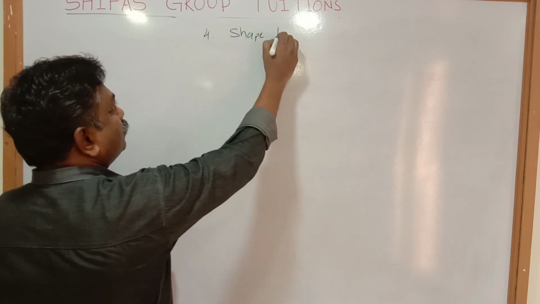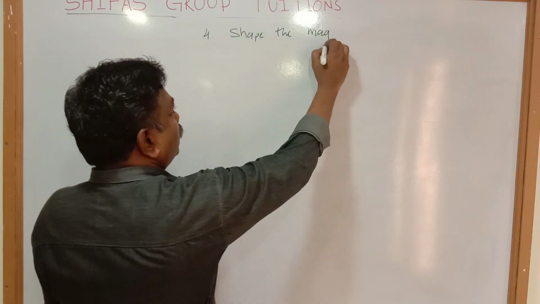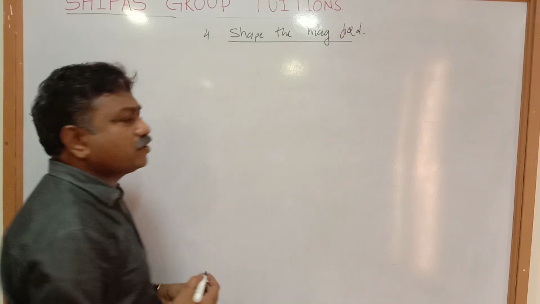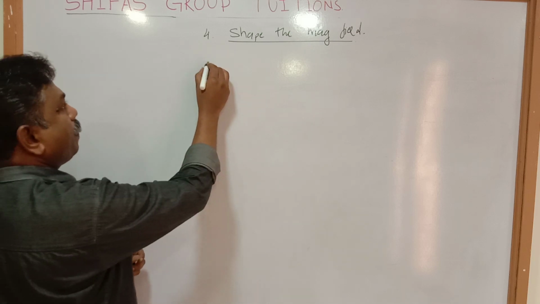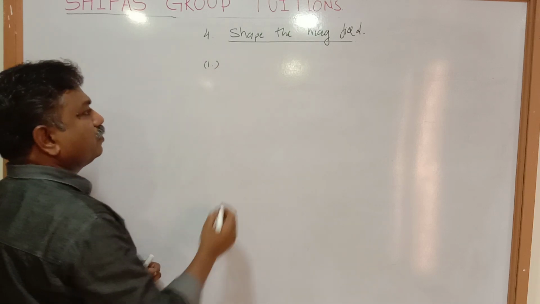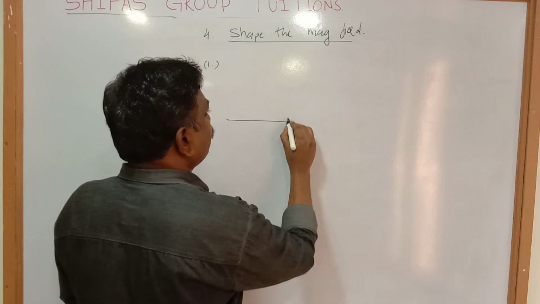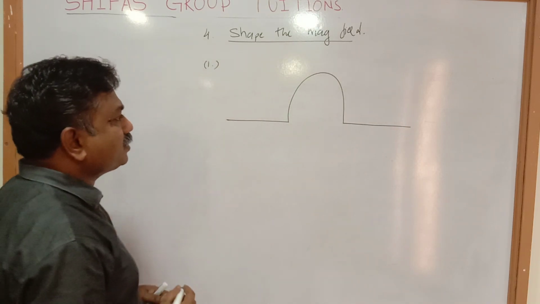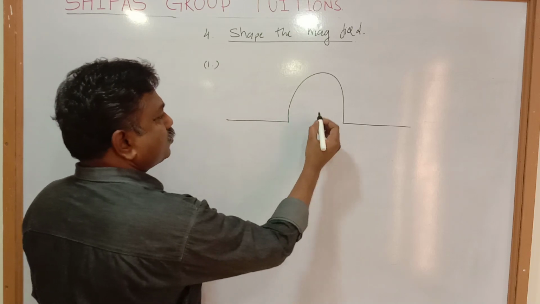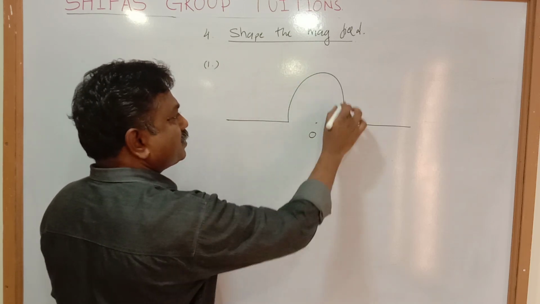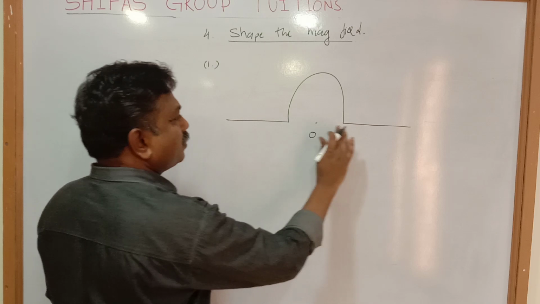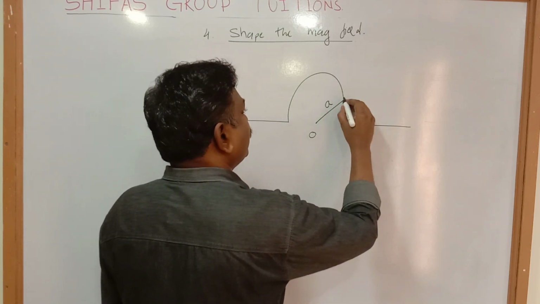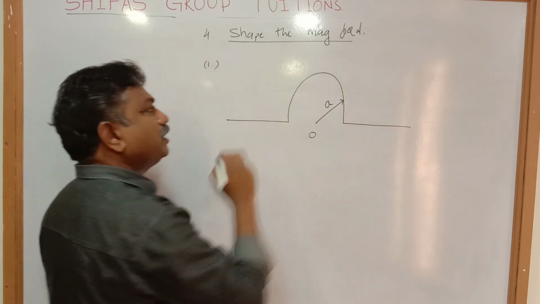Now, today our topic is the magnetic field due to different shapes. Suppose the shape of the wire is like this. O is the center of this semicircular wire, this is a straight wire, this is also a straight part, and let A be the radius of the semicircular part.